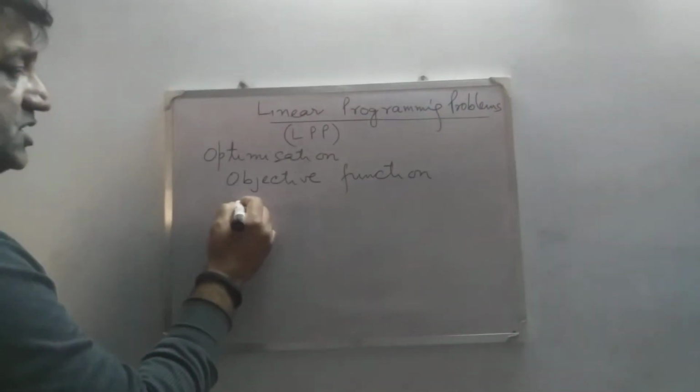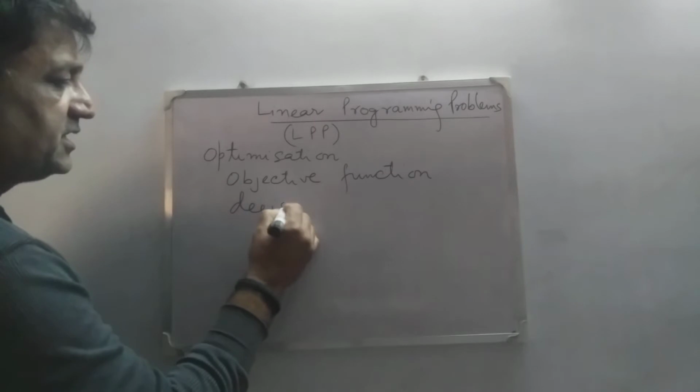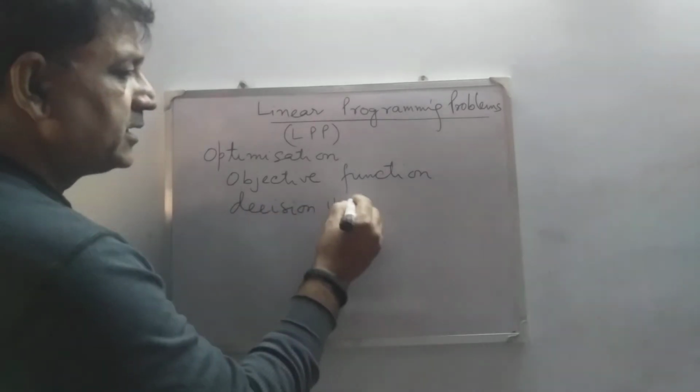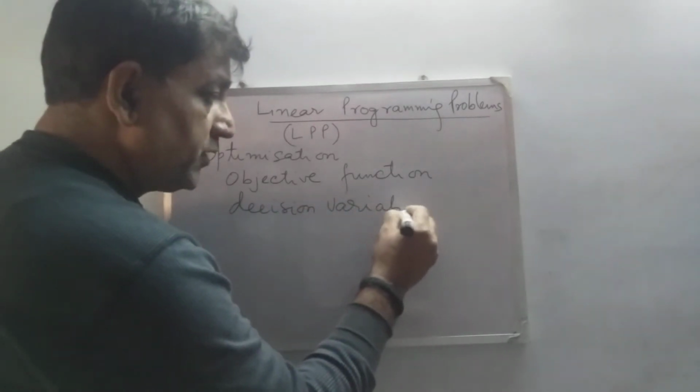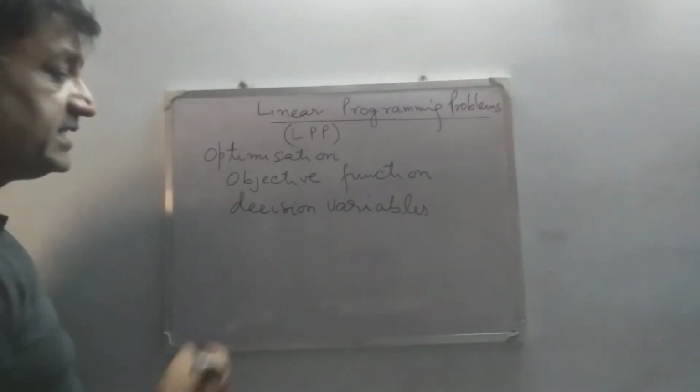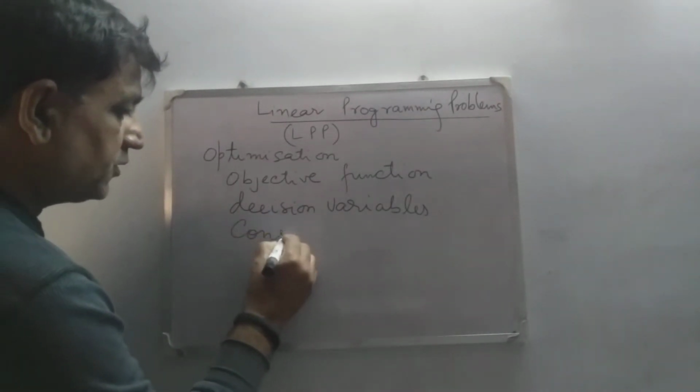The name is decision variables. And the restriction over these decision variables is called constraints.